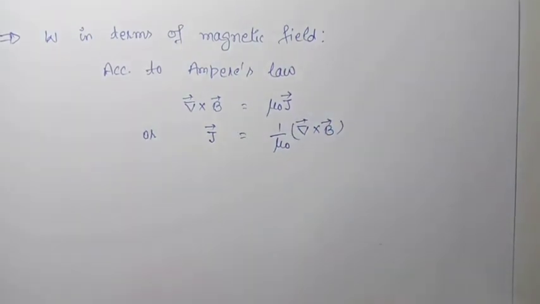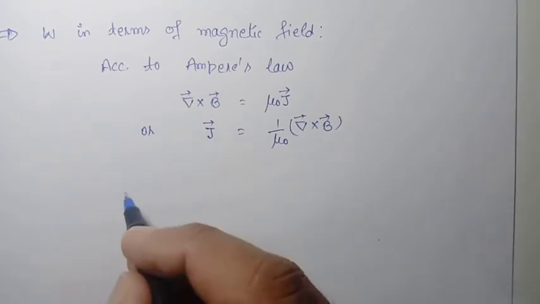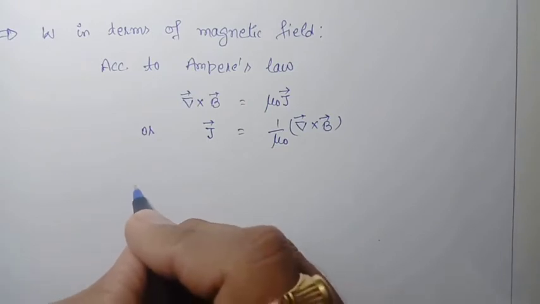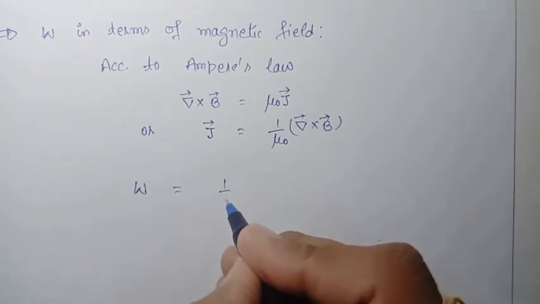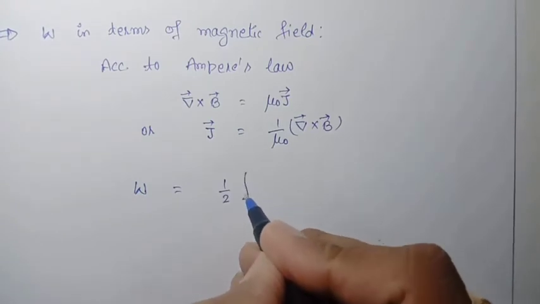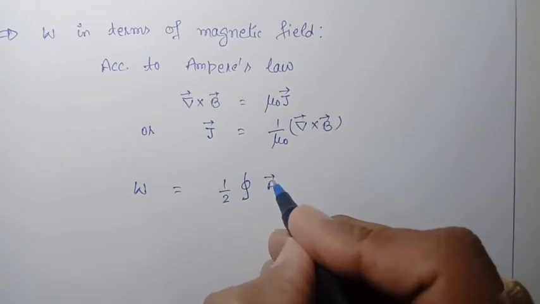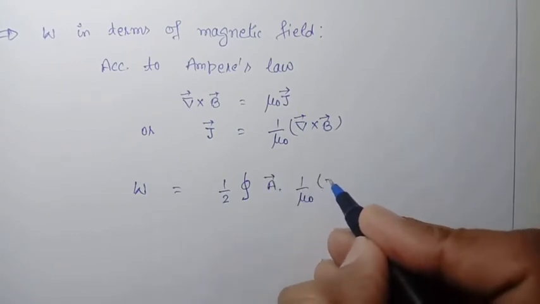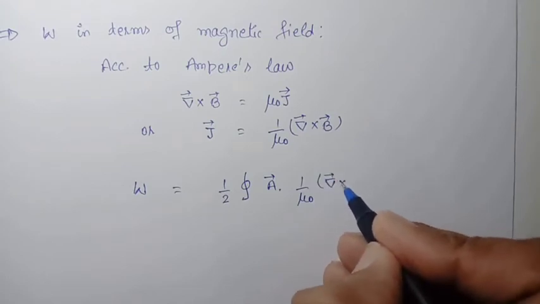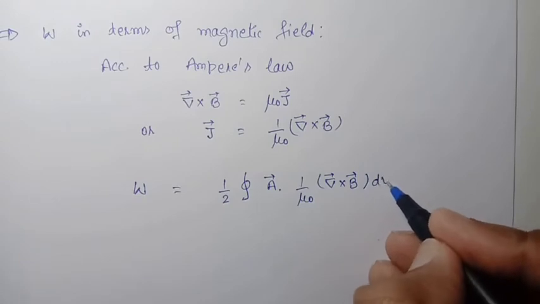Now we will substitute the value of current density in the third equation, the last equation. We can write W equals 1 by 2 integral of A dot J, where J is 1 over mu naught del cross B, with dV.